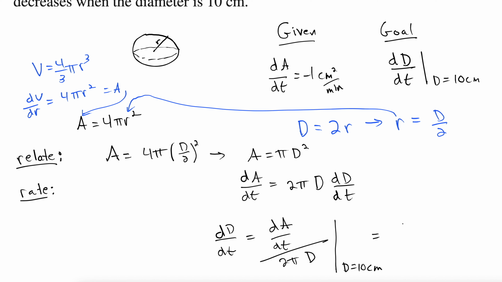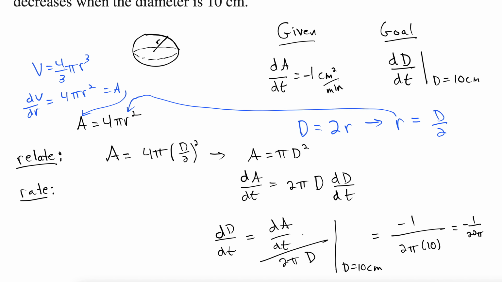Well, dA/dt is -1. I'll leave the units out to the very last. Over 2 pi times D, which is 10. So this gives us -1 over 20 pi.